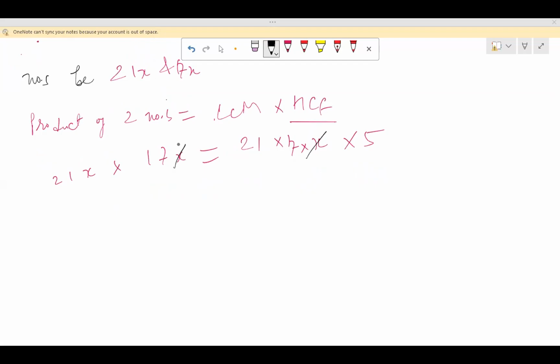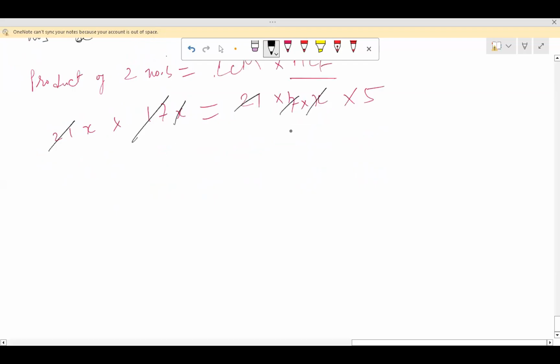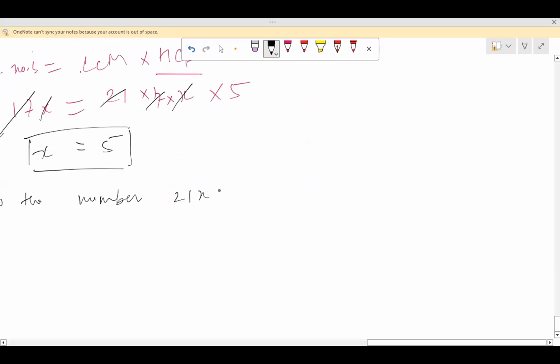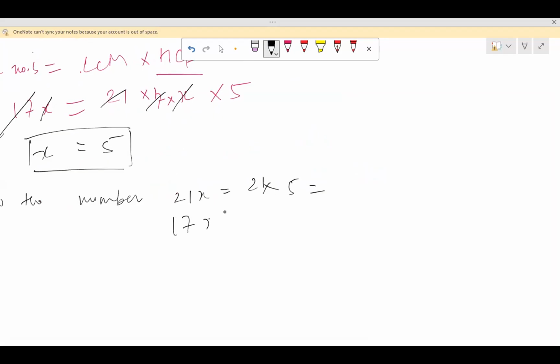So what am I left with? x is equal to 5. Now the numbers are 21 into x, which is 21 into 5, that is the first number, and the second one is 17 into 5.